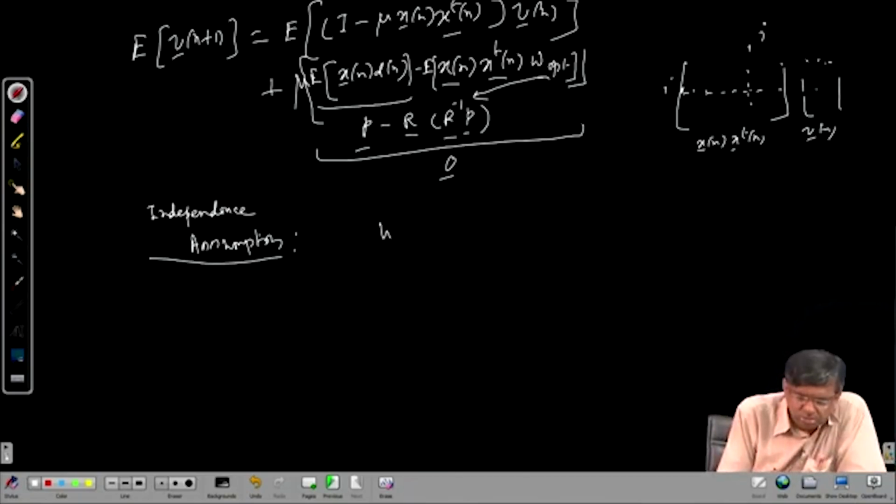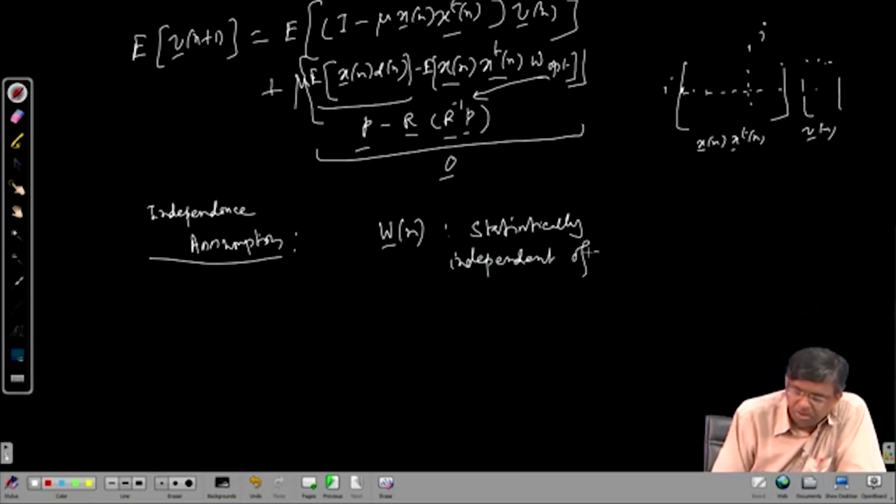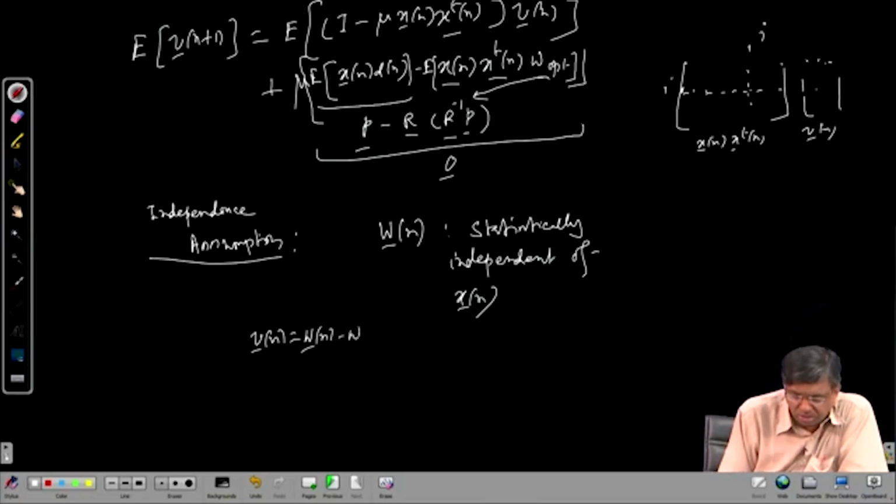We assume Wn is statistically independent, this vector is random after all, I have told earlier, but this is statistically independent of the xn vector. Okay. That means also Vn, which is nothing but Wn minus a constant W opt, that is also statistically independent of xn.